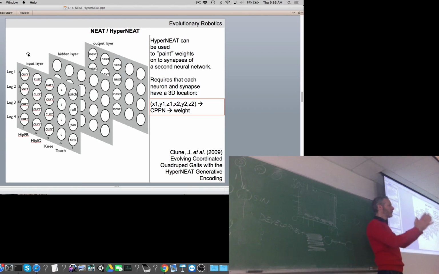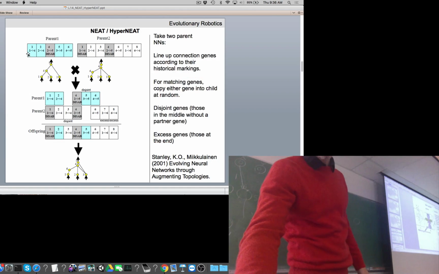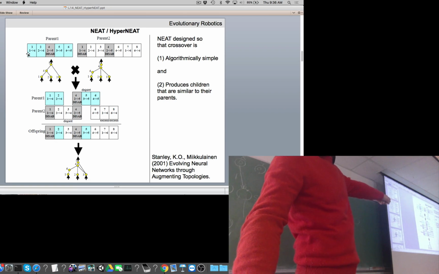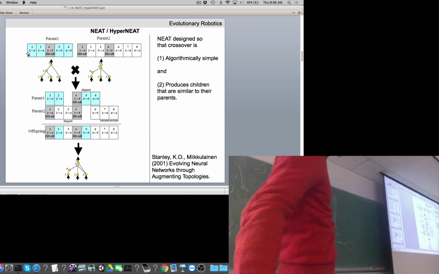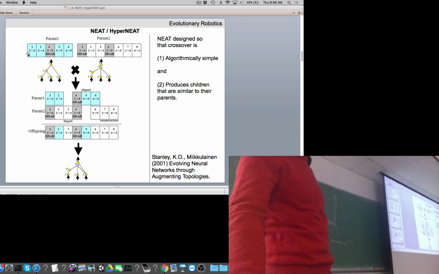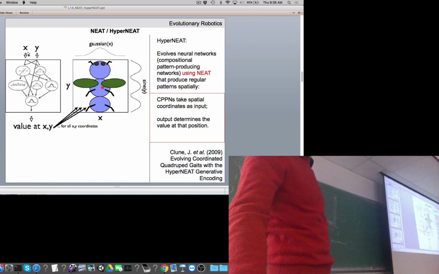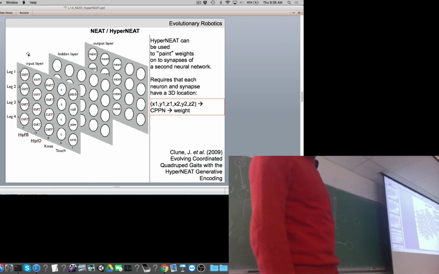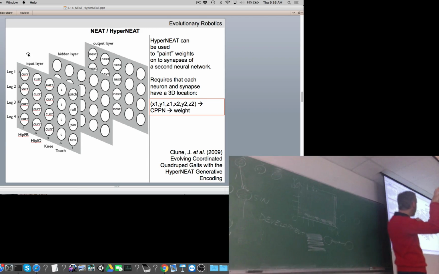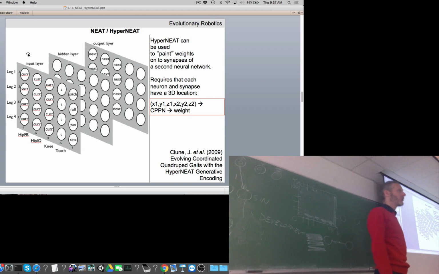Okay, let's try and put all this together now. We have a population of neural networks, CPPNs. Those neural networks are being evolved by NEAT. NEAT allows evolution to change the structure of these CPPNs. What is the fitness of any given CPPN? Well, we take that CPPN, we get it to paint the synaptic weights onto this neural network.